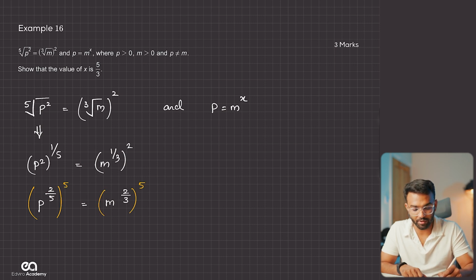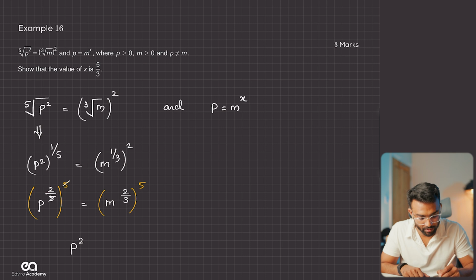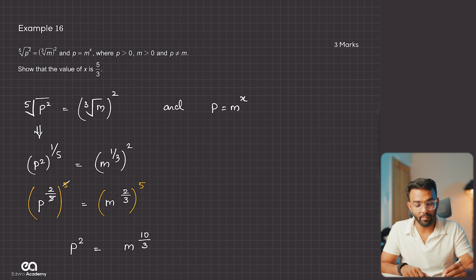Watch what will happen. The 5 and the 5 would cancel off. Okay, so we're multiplying those powers. So this will be p squared equal m to the power of 10 by 3. Remember, this is 2 by 3 times just a 5, so only the numerator will get multiplied.